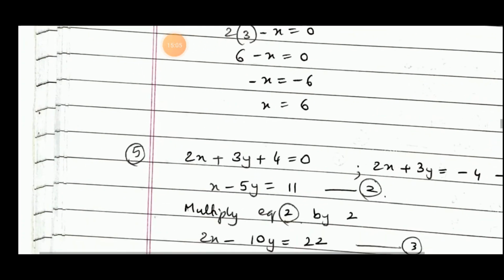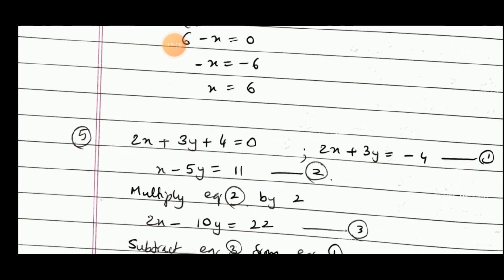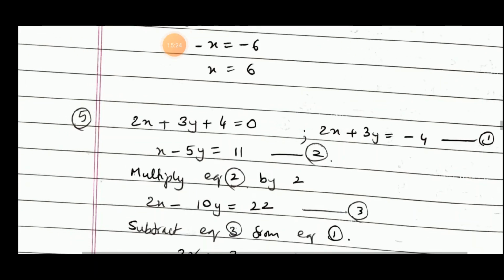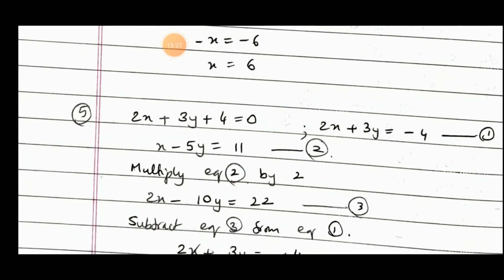Now the fifth equation, 2x plus 3y plus 4 equal to 0, 2x plus 3y is equal to minus 4. And now, this is equation 2. Multiply equation 2 by 2. So that equation becomes 2x minus 10y is equal to 22.